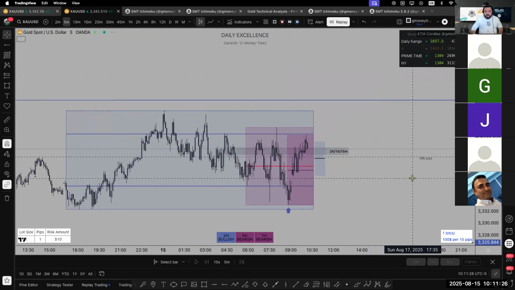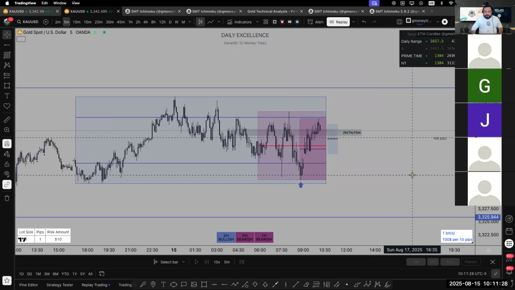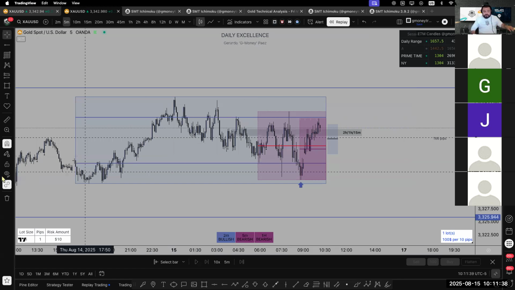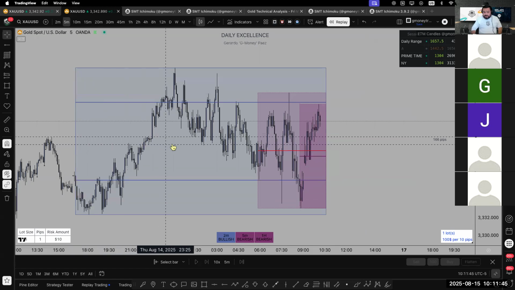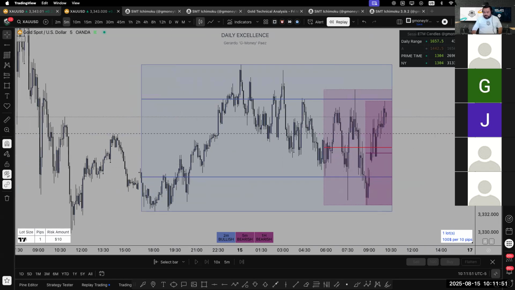Can you repeat that about the red above the 204? I used to have a midline here, right? The big box used to have a midline. I did remove it because I did not want three lines to get in the way.